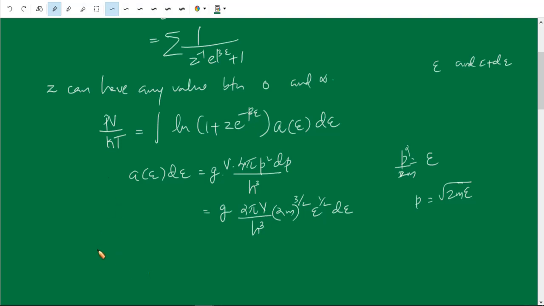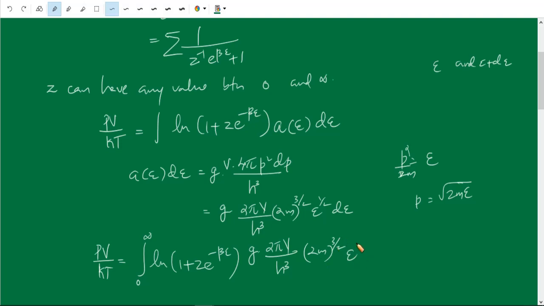So we can write then PV divided by kT, where k is the Boltzmann constant, is equal to the integral from 0 to infinity of log(1 + z e^(-βε)) g 2πV divided by h³ (2m)^(3/2) ε^(1/2) dε.